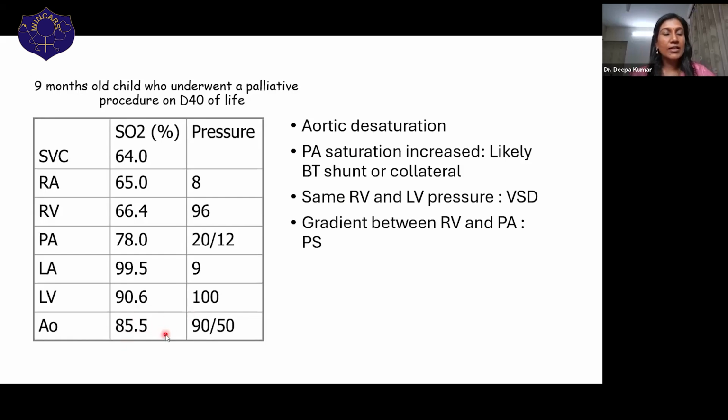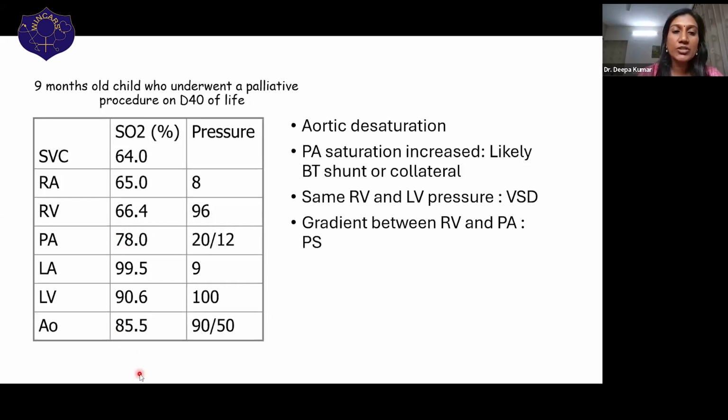So the thing that you should notice when you have any cath data of a cyanotic heart disease is what is happening to the aortic saturation. So there is aortic desaturation. Then you have to look at the PA saturation, and see if it is the same as, more than, or reduced compared to the aortic saturation. Here it is somewhat lower than the aortic saturation.